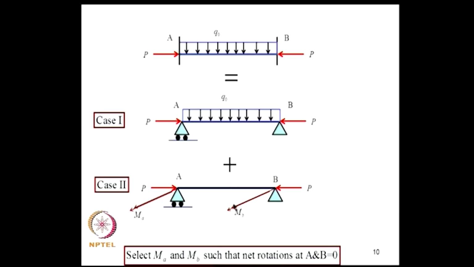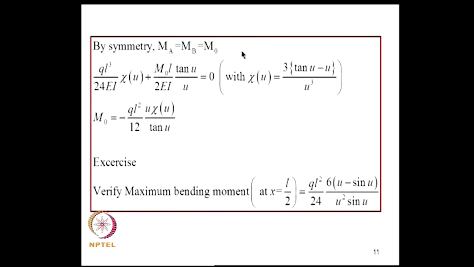Once M naught is determined, this problem also gets solved, and we can add the responses to construct response of the beam for this situation. Now I leave it as an exercise for you to verify that the maximum bending moment in this case at x equal to L by 2 is given by this. This is the maximum bending moment in the absence of axial load P, and this is the modification factor.